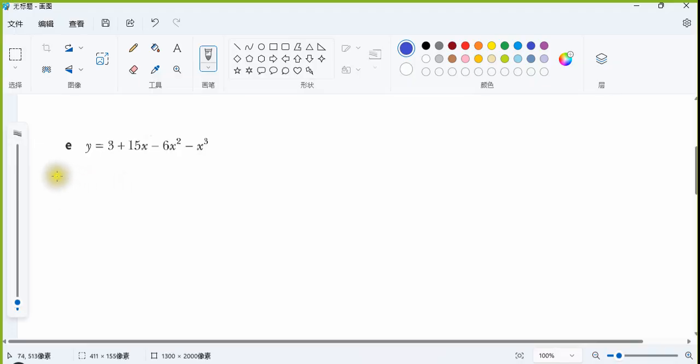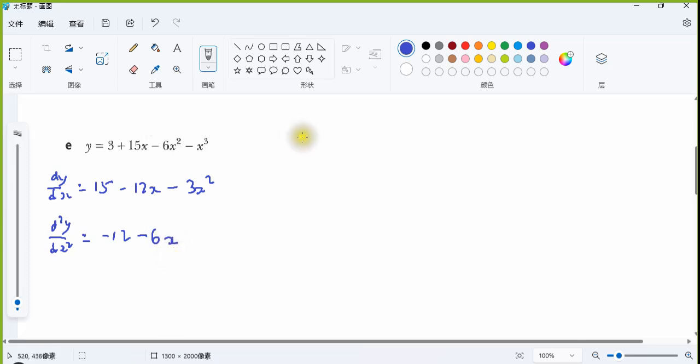E, the dy/dx is 15 minus 12x minus 3x squared. And the second derivative is negative 12 minus 6x. So if we want to have dy/dx equal to 0, 15 minus 12x minus 3x squared equal to 0, all divided by negative 3.